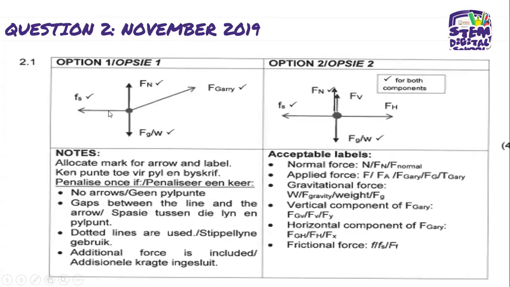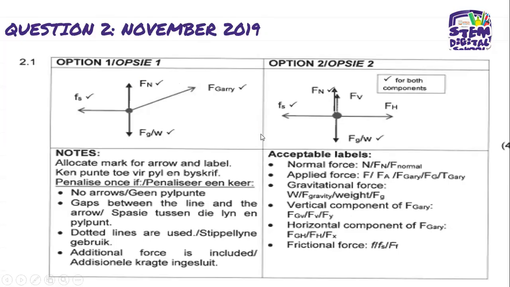The static frictional force, there it is. But now in this diagram, they took the force that Gary is applying, because it was acting at an angle to the horizontal, an angle of 60 degrees to the horizontal. Then they broke it into components.